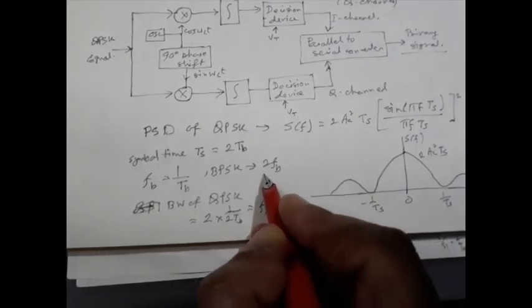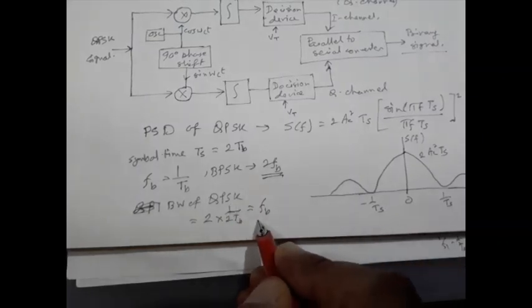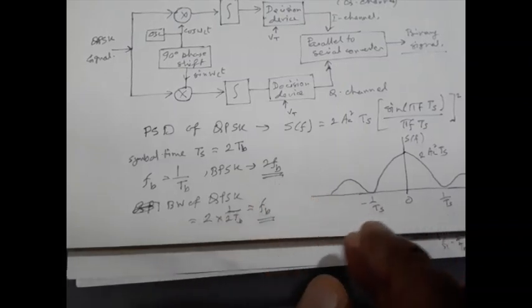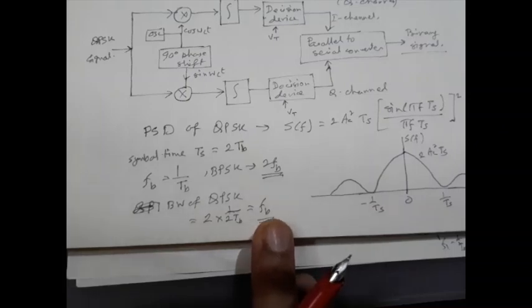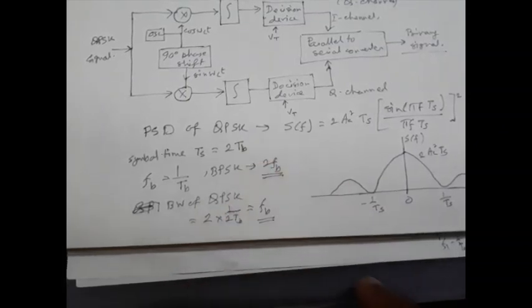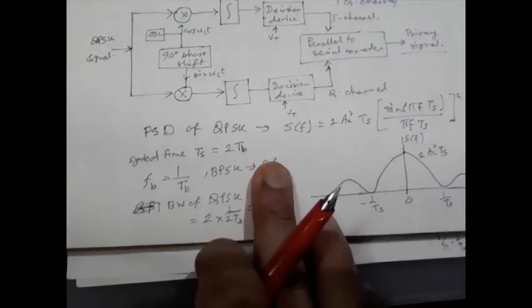So for BPSK the bandwidth is twice FB. For QPSK the bandwidth is FB only. That means half of that of the BPSK.